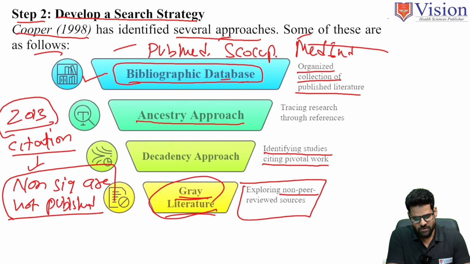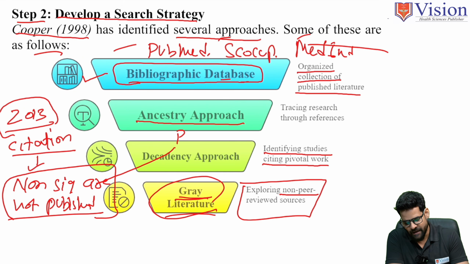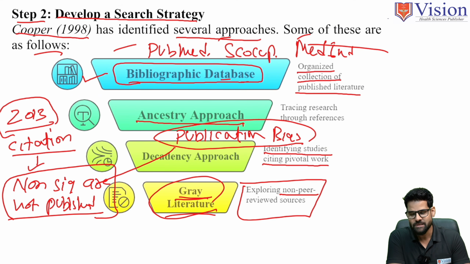Why? Because the editor says if there is no significance, why publish that? That is why most published studies have significant results. This can create something called publication bias. Publication bias means all the published studies are biased towards the significant findings only.